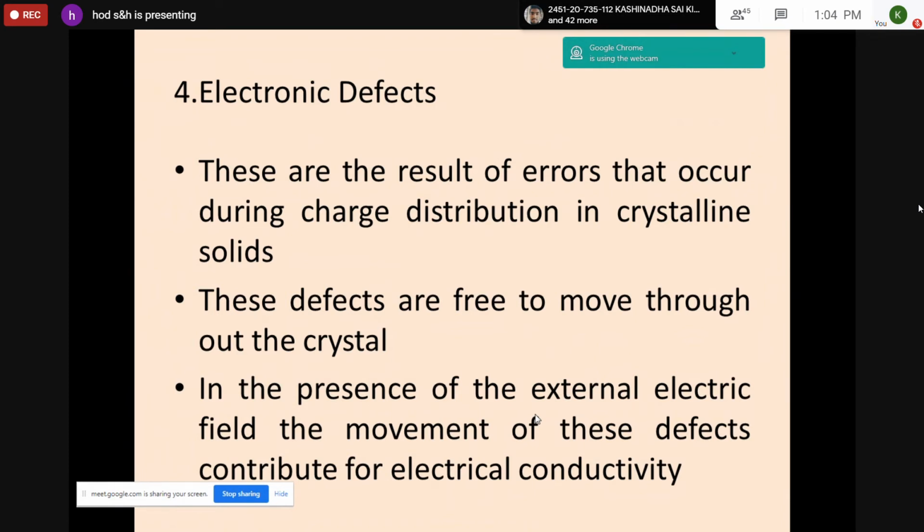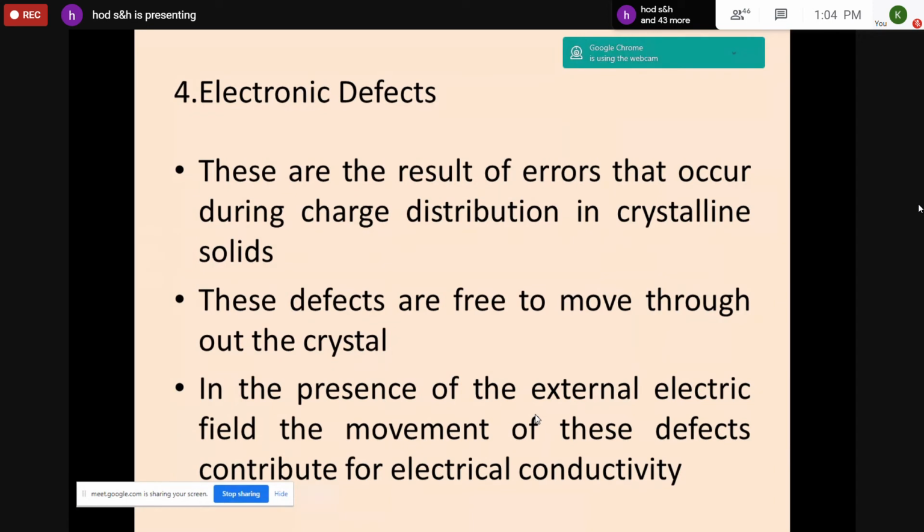These defects are only charge carriers which contain certain charge. They are free to move throughout the crystal, and whenever you apply an electric field, the movement of these defects contributes to the electrical conductivity. In the absence of the field, the charge distribution is asymmetric. It impacts the electrical properties of materials, but in the presence of an external electric field, it is significant.